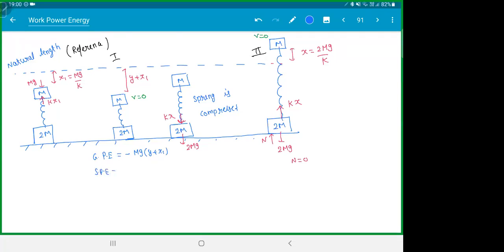Spring potential energy: half k (y plus x1) whole square. Kinetic energy 0. In state 2, gravitational potential energy, you're above the reference line, mgx. Spring potential energy half k x square. Kinetic energy is 0. This is the energy in state 1 and state 2.